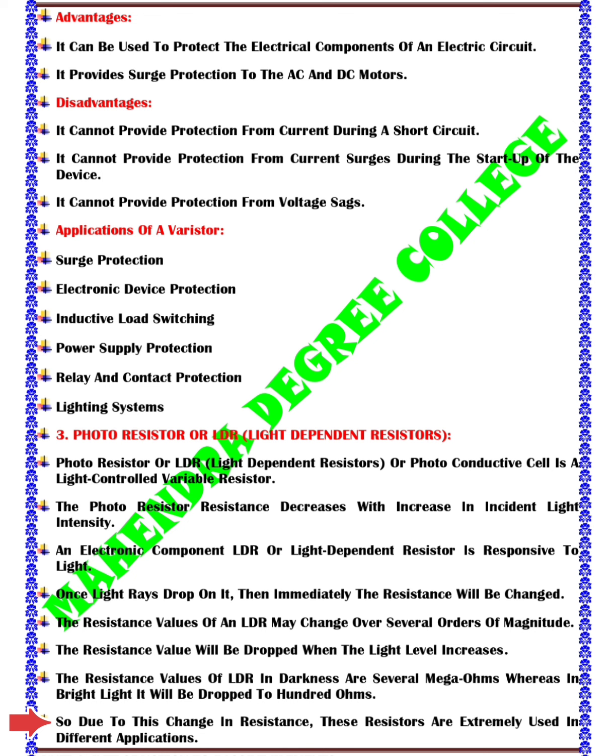LDRs are designed to change their resistance based on the amount of light they receive. When no light is present, the resistance is very high, sometimes reaching several megaohms. When exposed to bright light, it decreases dramatically, often to a few hundred ohms.